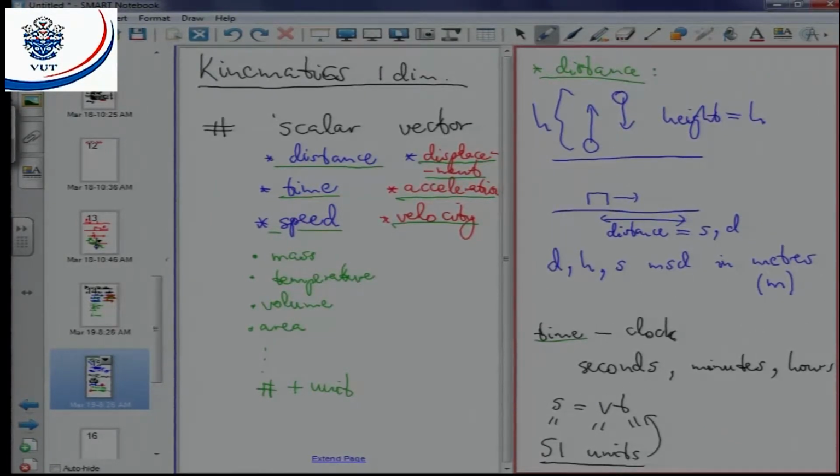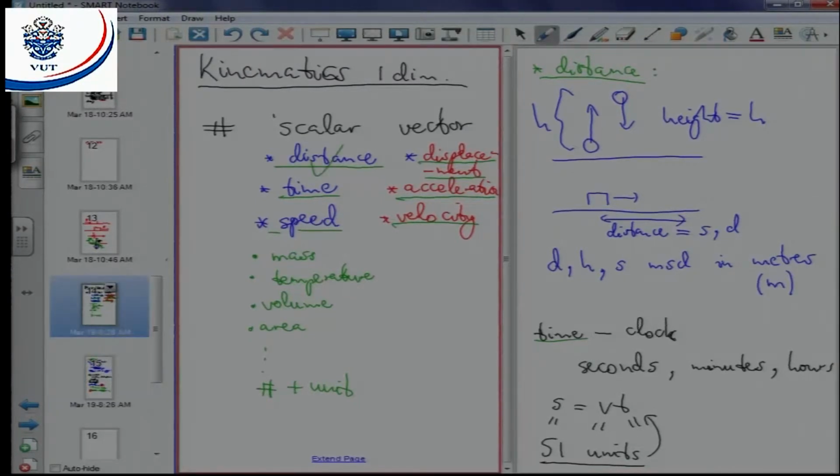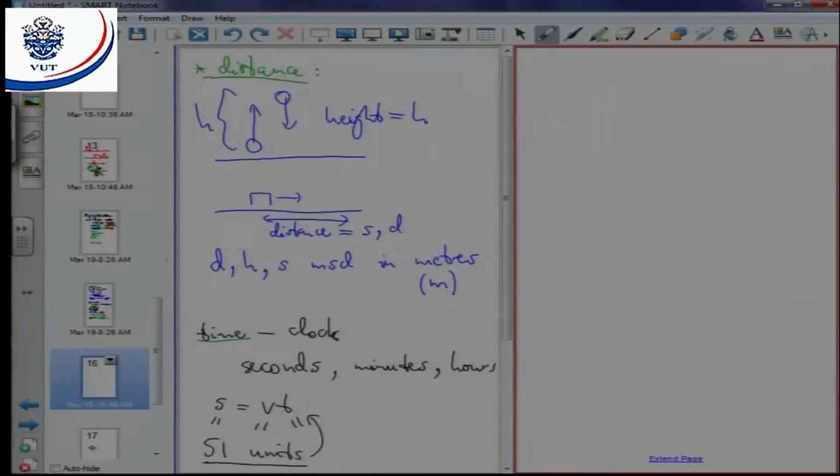So now we have spoken about time, and we just briefly spoke about distance. So let's just tick: we've spoken about distance, we've spoken about time. Now we are interested in speed. So let's look at speed. What is speed by definition?